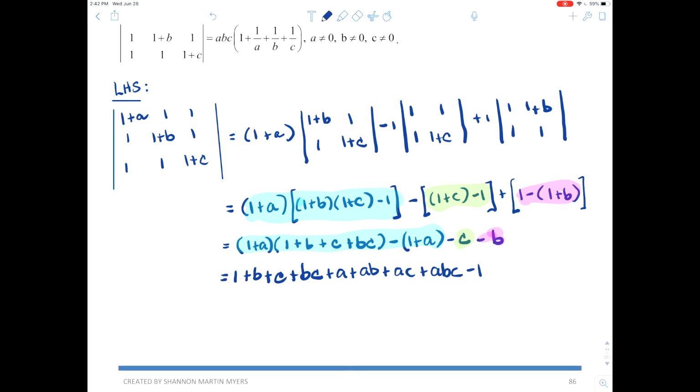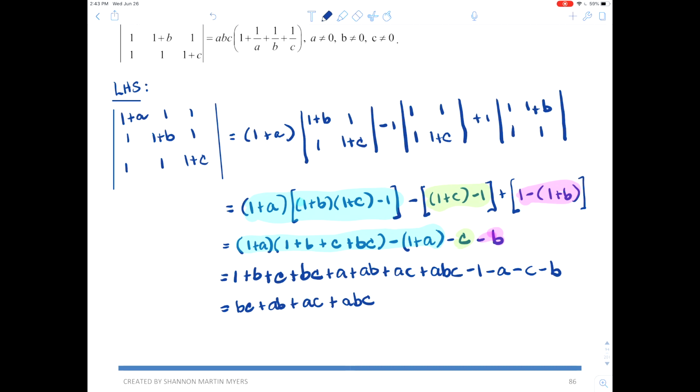And then minus 1 minus a minus c minus b. Cool? Equals bc plus ab plus ac plus abc. Cool? The rest of them zero out.